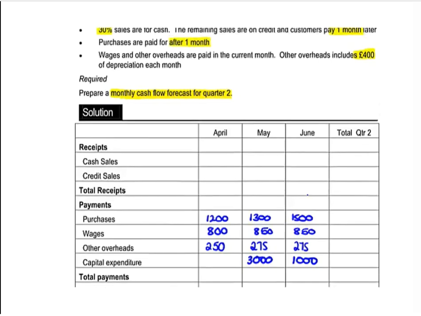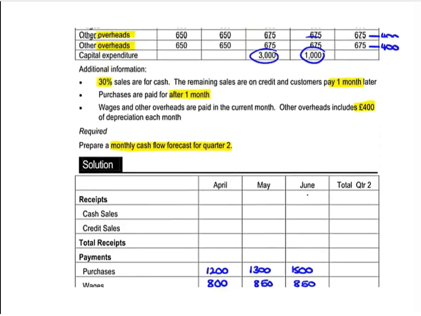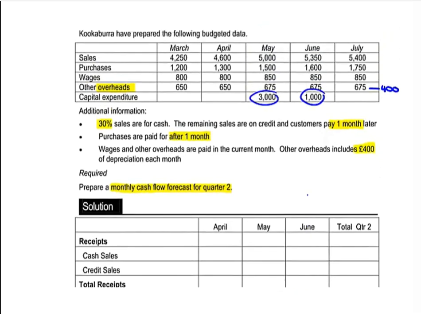What we need to do now then is to look at our cash, and we need to look at our cash in from sales. 30% are for cash, so 30% will be received in the month. So for April, that's going to be 30% of 4,600. So we're going to have 1,380 from cash sales.